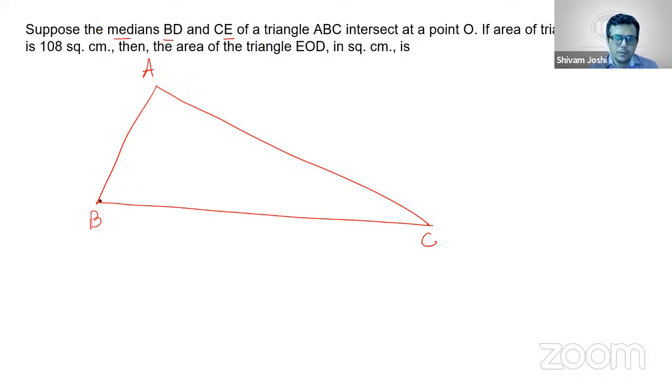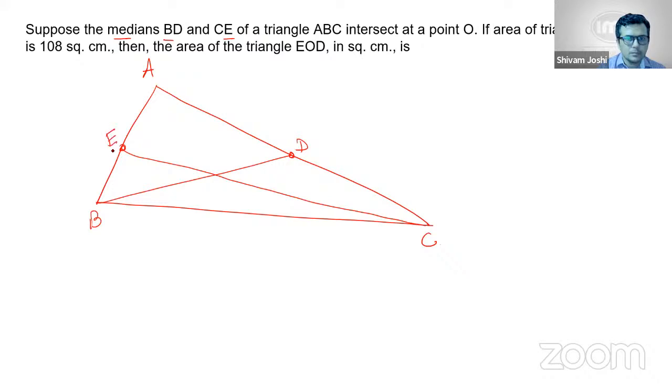Okay. This is BD. This is CE. These are the medians and they intersect at O. So O becomes your centroid, right?